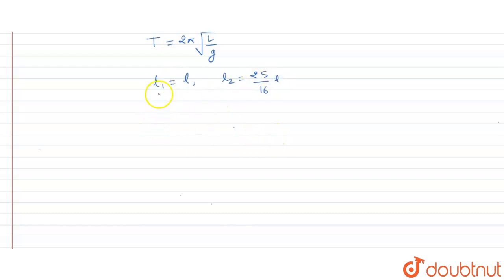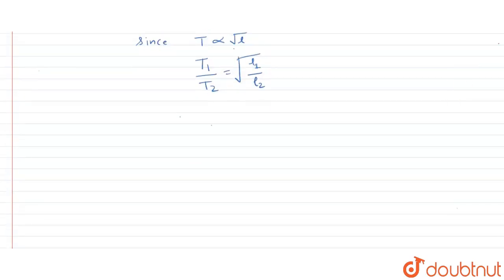Now, since the time period is proportional to root of L, I can write the ratio T1 to T2 as under root of L1 upon L2, the ratio of their corresponding lengths.